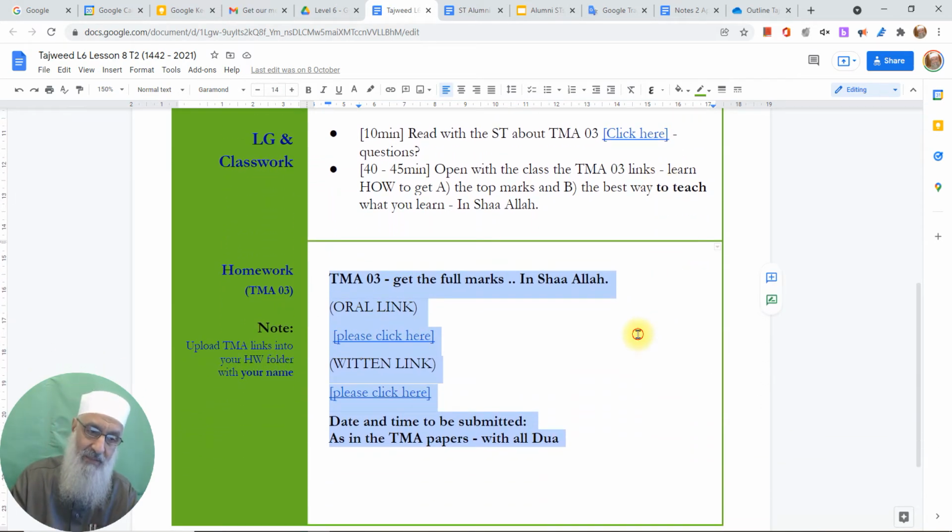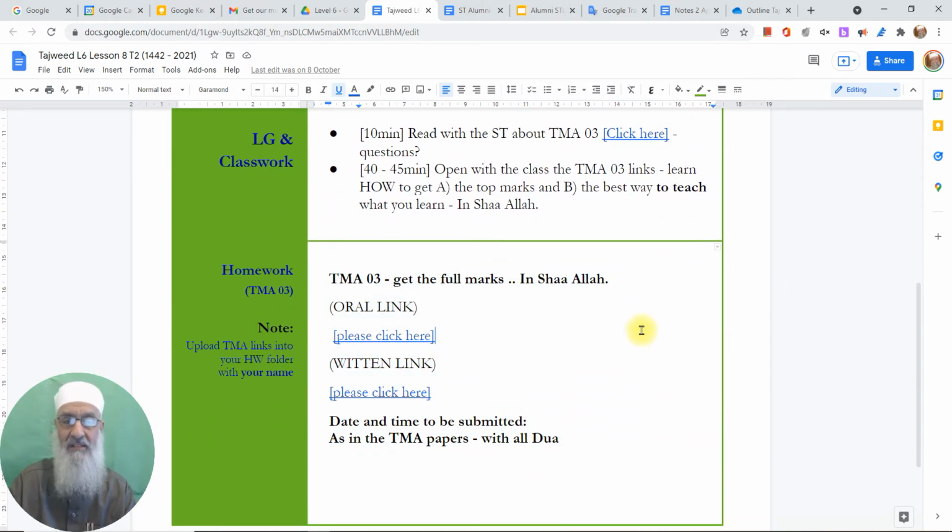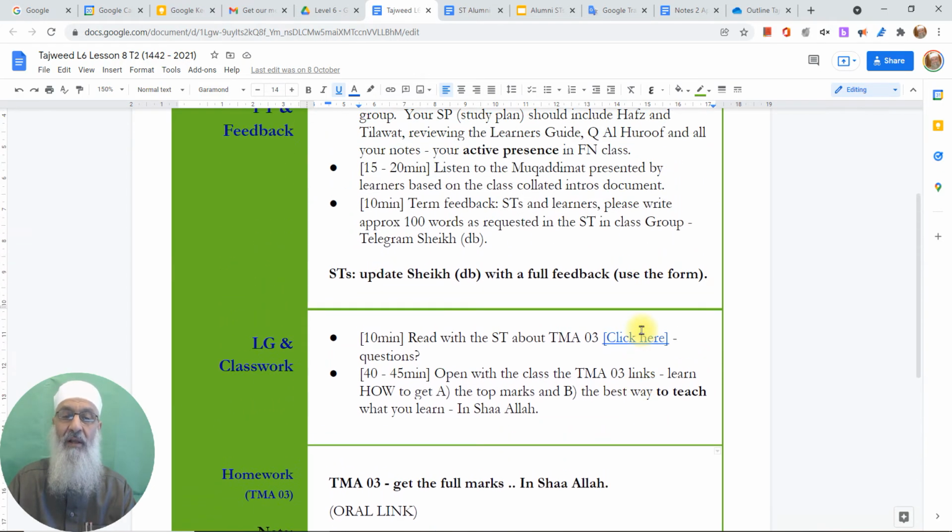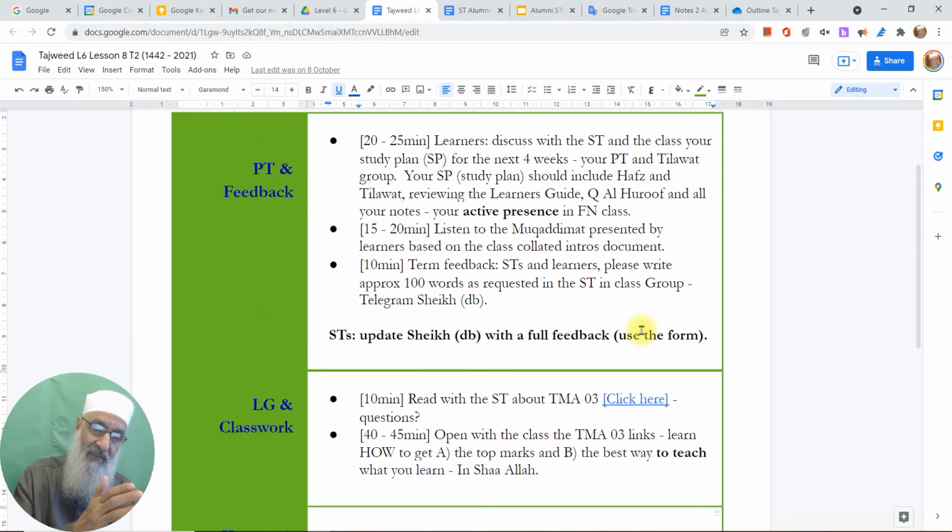What should be in the assessment? We talked about this in some shura. 50% of what they have studied already in the previous levels, or even what they have studied in foundation levels, and 50% of what they are supposed to study for the next couple of weeks.